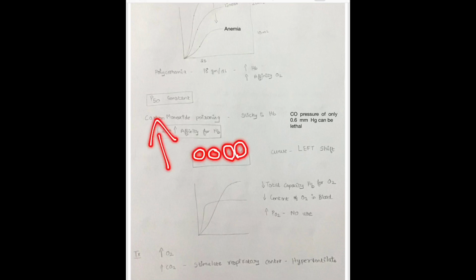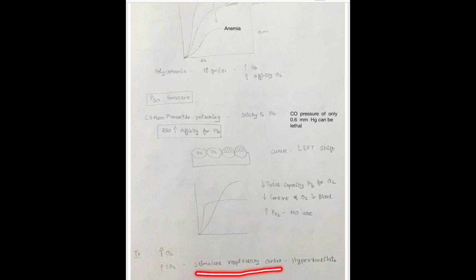Increasing the partial pressure is of no use, and even if you decrease the partial pressure, there is also no use. The only treatment is you should increase the oxygen and you should also increase the carbon dioxide, because increasing the carbon dioxide will stimulate the respiratory center and it will hyperventilate.